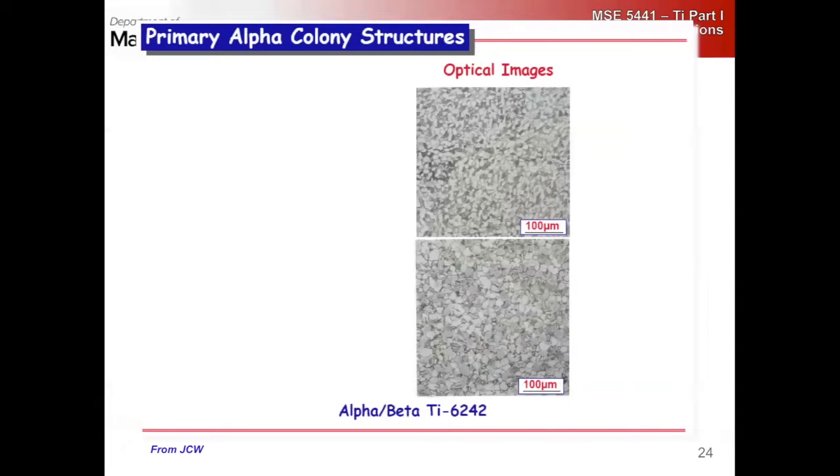Dwell fatigue means you load it up and hold it before you release your stress, rather than just cyclic, constant sinusoidal fatigue. One of these does really, really well in dwell fatigue. One of them does really, really poorly. Would anyone have a guess as to which is which?